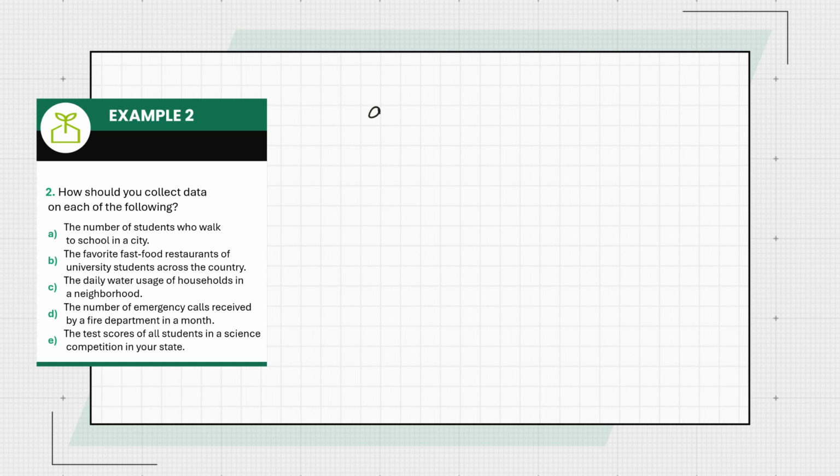Alright, let's get started. So for A, we have the number of students who walk to school in a city. Now, a city is going to be quite large, and also, depending on where it is in the world, may have millions of people in it and may have a huge number of schools. So getting information from every single student in every single school in a city may be quite challenging.